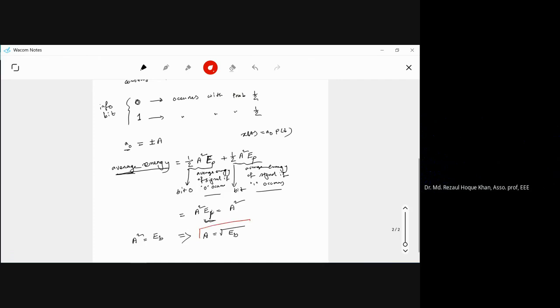So this gives us the average energy per bit, which we find here.